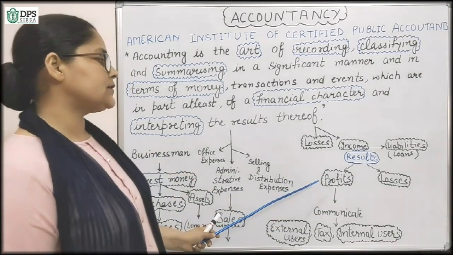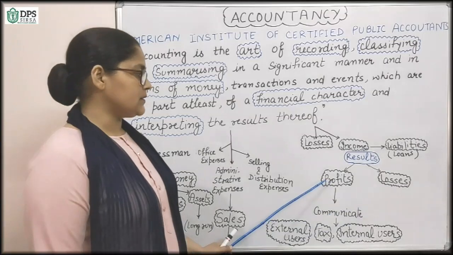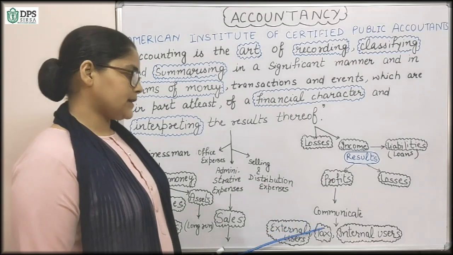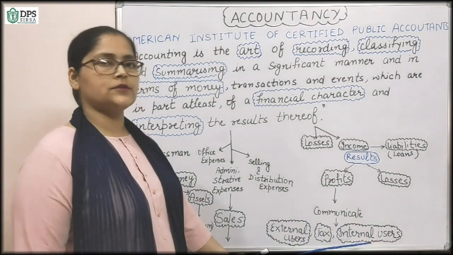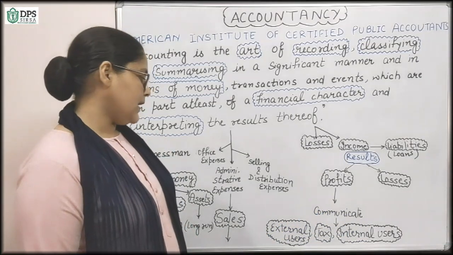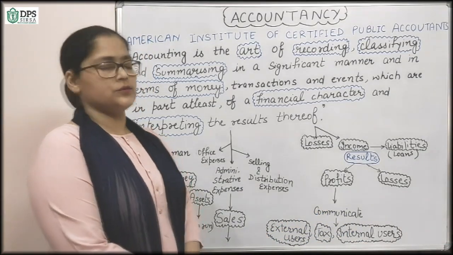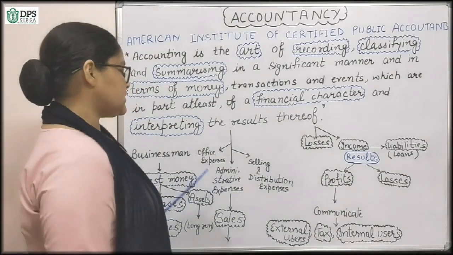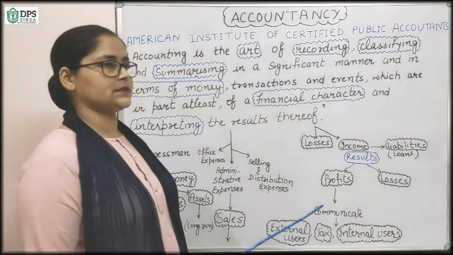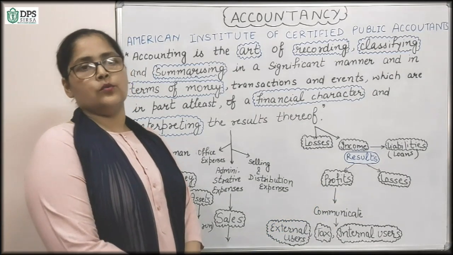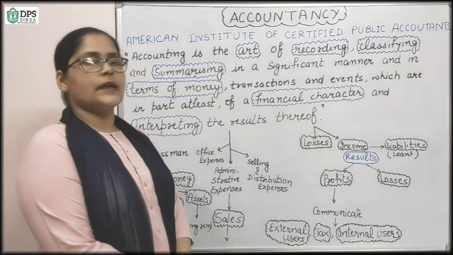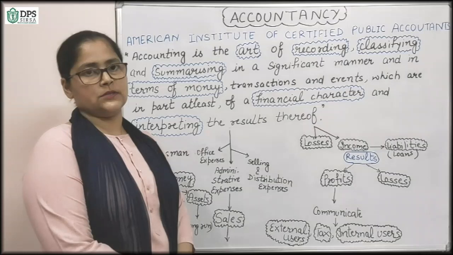If the results are profit, these results are communicated to external users, tax authorities and internal users. What are external users? External users are those who use this information and are externally a part of the business, meaning they do not directly belong to the business.